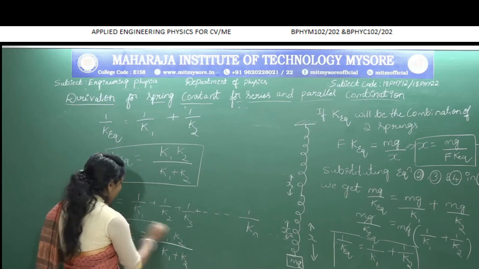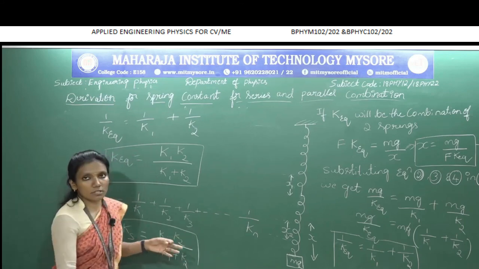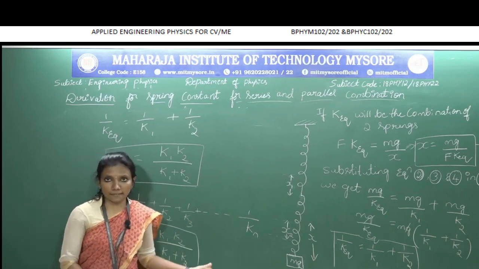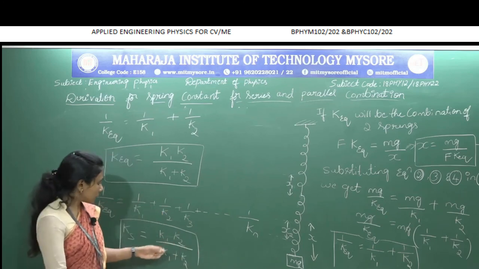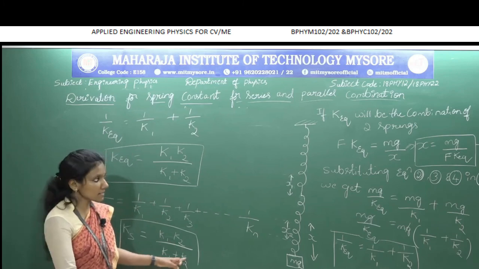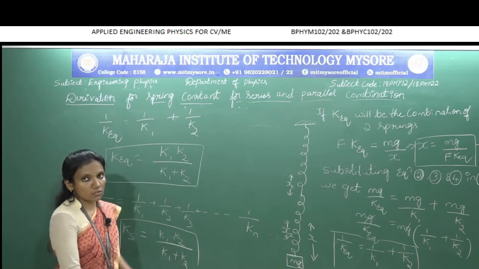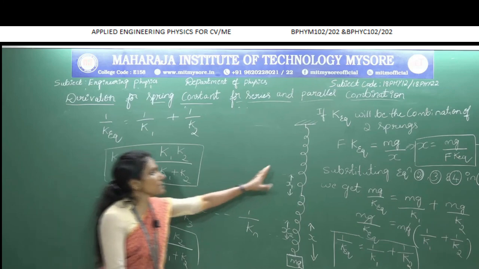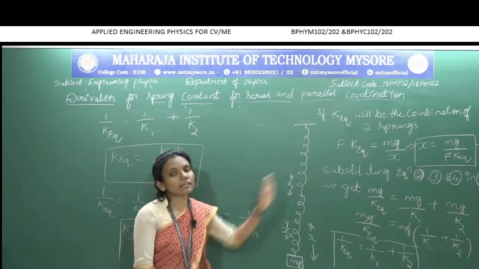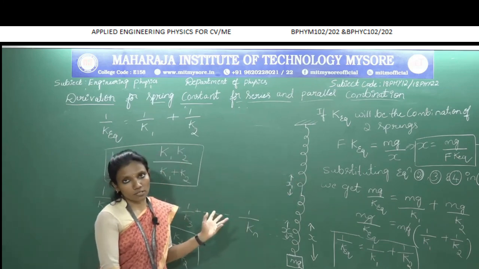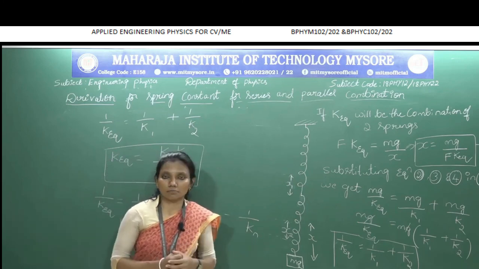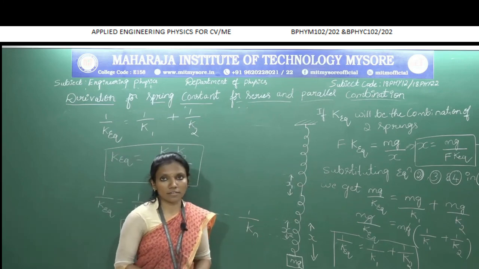So this is the formula for the spring constant, the stiffness of the spring. Similarly, when the two springs are connected parallel to each other, what is the spring constant, the stiffness of those springs? That we can find.